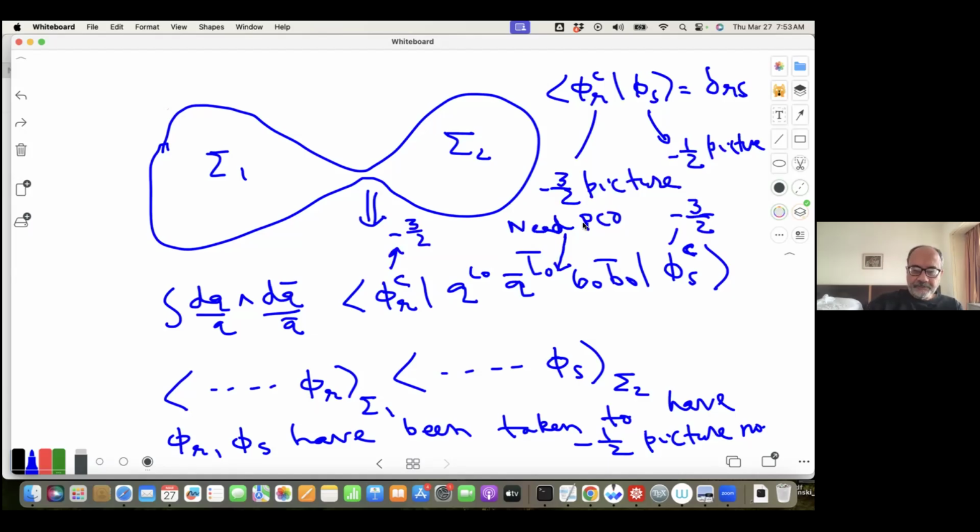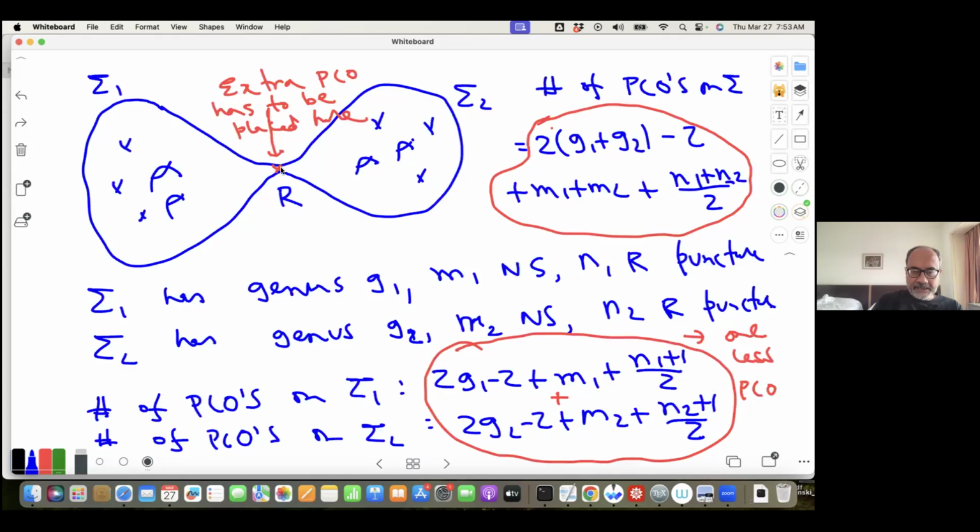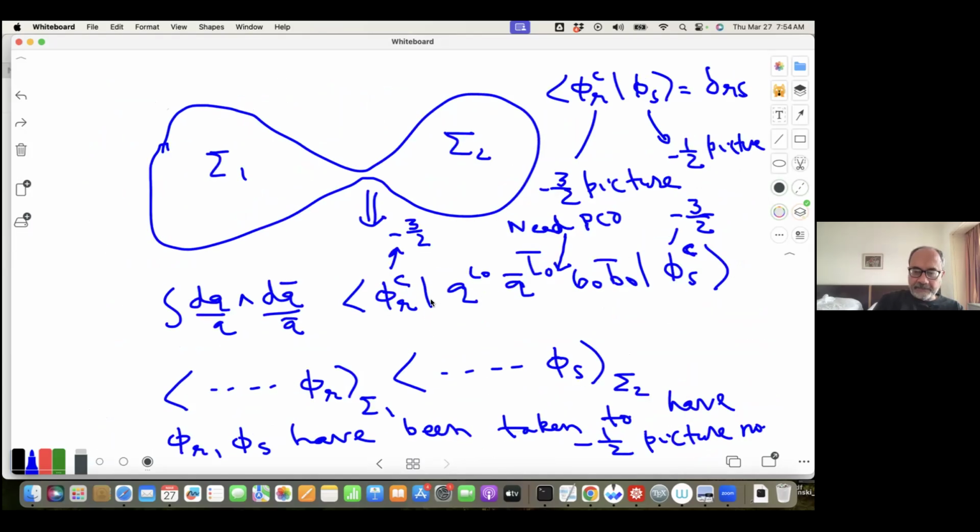So this is just another manifestation of the same analysis that we did in the previous slide, that the total picture number here is calculated assuming that this vertex operator is in minus half picture. Similarly, the total picture number here has been calculated assuming that this vertex operator is minus half picture. But this means that phi RC and phi SC have picture number minus 3 half, and clearly we need a PCO to get a non-zero answer.